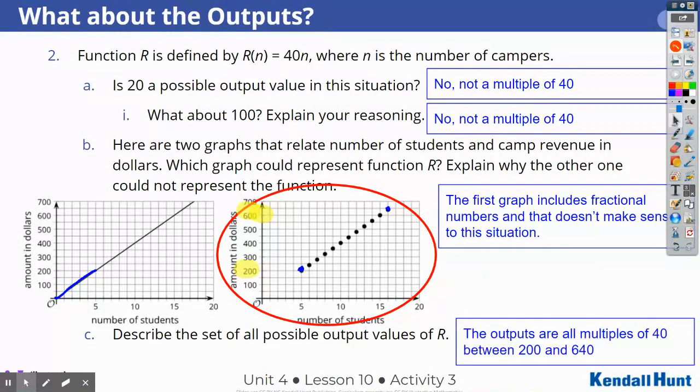So it has to be a multiple of 40, and it has to be between 200 and 640. Because each camper costs $40, we have to have at least 5 campers, and 5 campers cost $200, and we can have no more than 16 campers, and 16 campers cost $640.